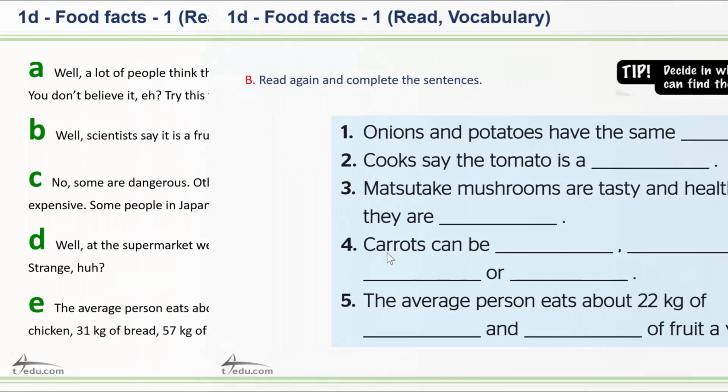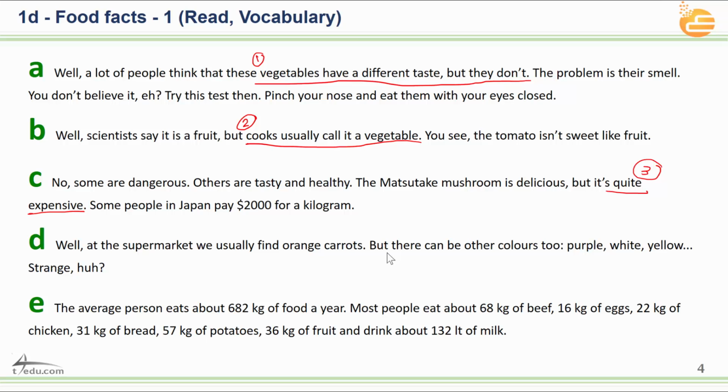Let's take a look. Which one talks about carrots? This one, exactly. Purple, white, yellow. And this one, where is it? Orange. Also, this is orange. Okay, those are the colors that we are looking for. This is number four. Okay, very nice.